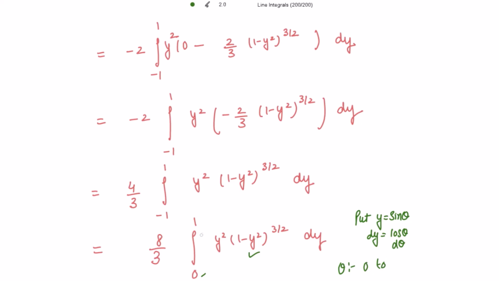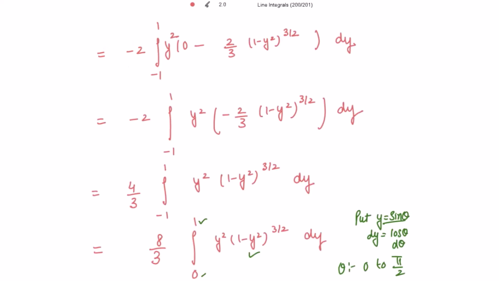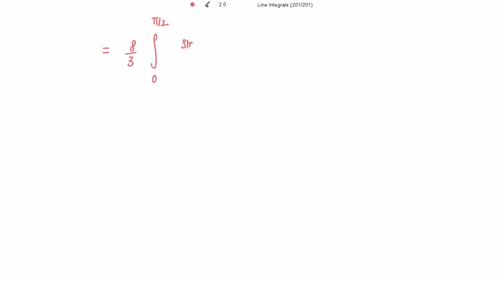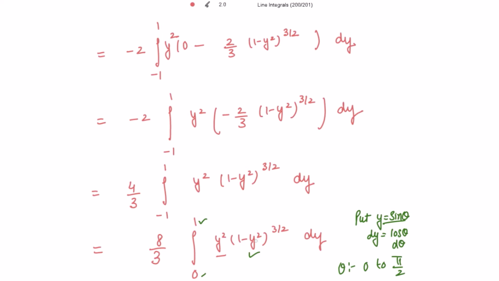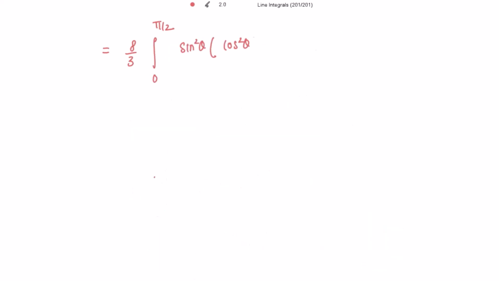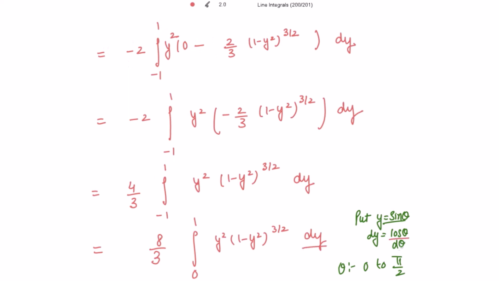For y equal to 1, we get sine of theta equal to 1, and when sine of theta is equal to 1, theta is pi by 2. So this is equal to 8 divided by 3, limits from 0 to pi by 2, and y square becomes sine square theta, into 1 minus sine square theta, which is cos square theta, to the power 3 by 2. And then dy is cos theta d theta.